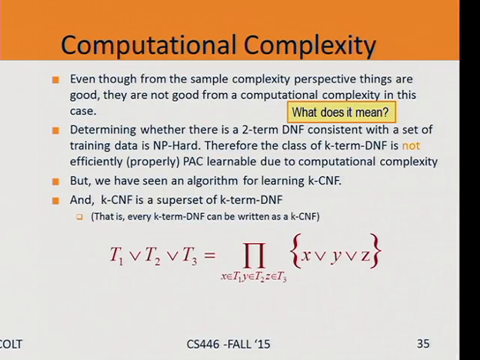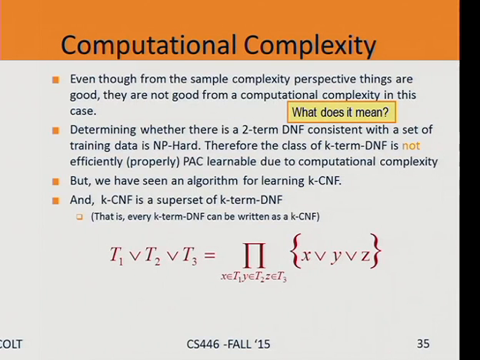Now, each disjunction here has someone from T1, right? And therefore, all disjunctions here are going to be satisfied because they have someone from T1 and it's satisfied. And therefore, the conjunction of this is going to be satisfied. We proved one direction, right?